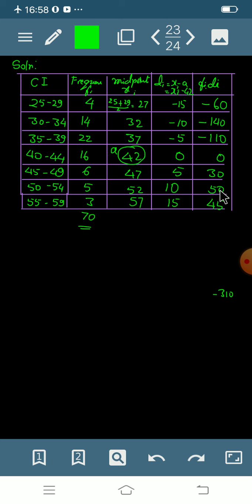Now below here 30, 50 and 45. 30 plus 50, how much? 80, isn't it? 80 plus 45, how much? 125. 125 is a positive number.